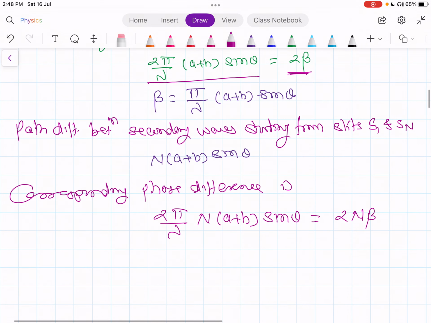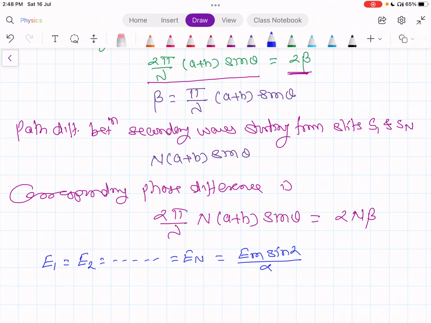From each slit we get one secondary wave, or you can say one phasor, whose amplitude is E1. From slit 2 we get the phasor E2, up to En, each equal to Em sine alpha upon alpha, because each wave has amplitude Em sine alpha upon alpha.